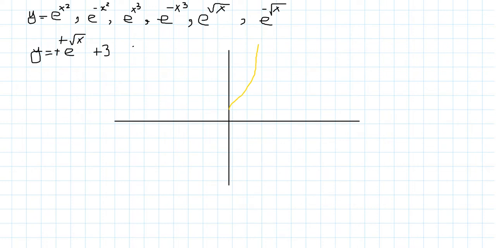Easily I can shift it 3 up. If I go 3 up, it will be on 4, because it was on 1. Now easily I can draw.